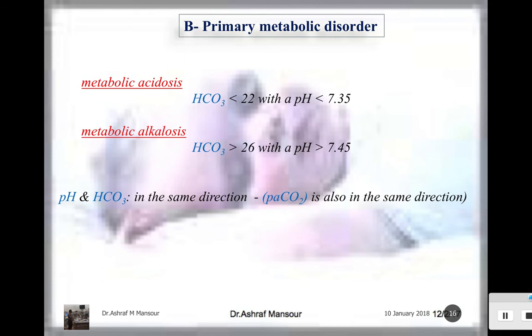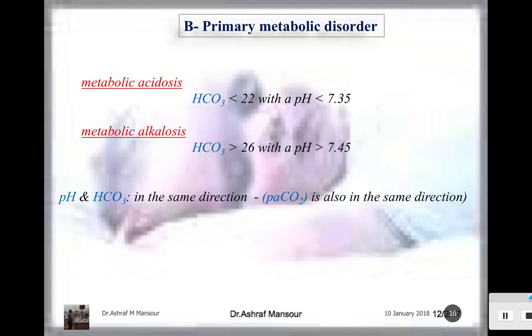The second type, which is a metabolic disorder as a primary cause, will have also either metabolic acidosis or metabolic alkalosis, and because it is metabolic, it is affected by the level of the bicarb. So when the bicarb is less than 22, the pH will be less than 7.35, and it is metabolic acidosis.